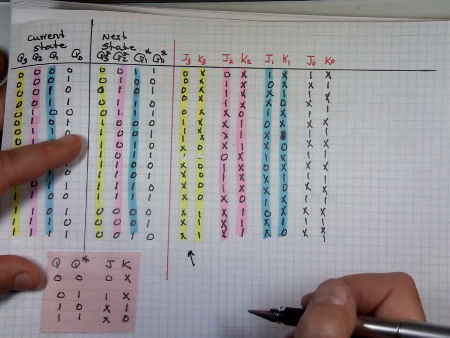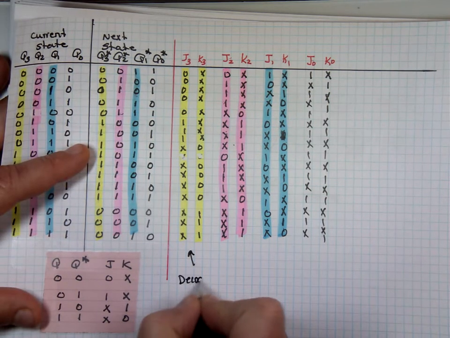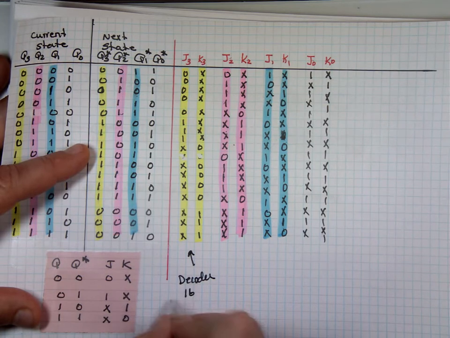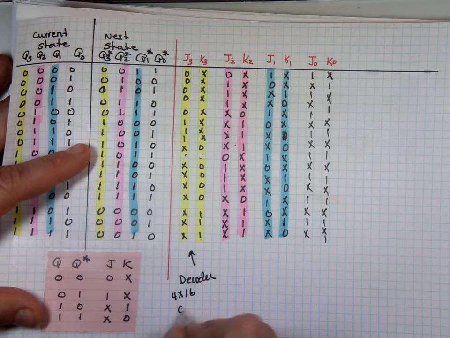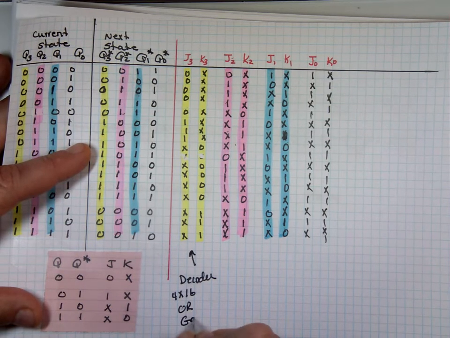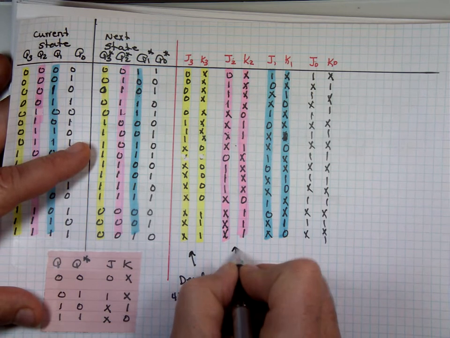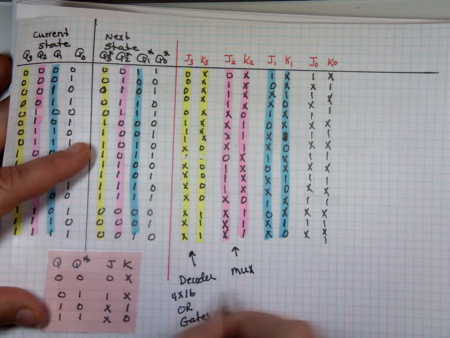So maybe what I'll use for that decoder, a 4x16 decoder, one of them, and some OR gates. This one, maybe I will use muxes, multiplexers. That's 8x1.